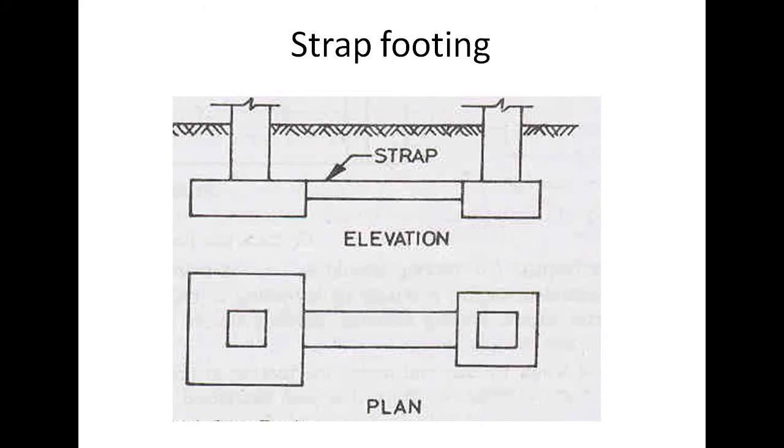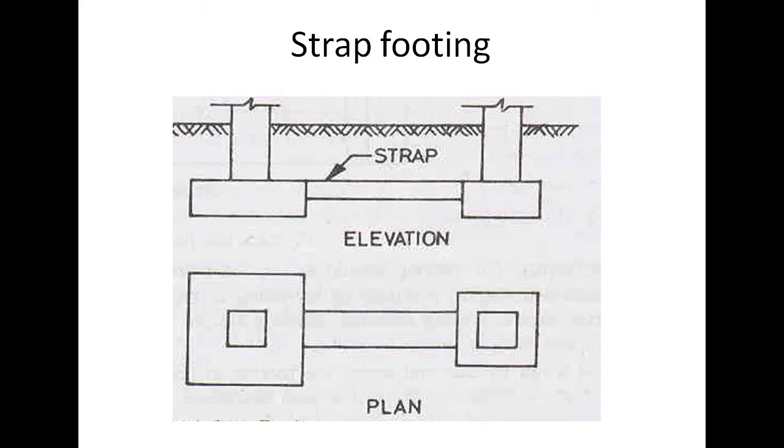Strap footing. A strap footing is also known as a cantilever footing. It consists of two isolated footings connected with a structural strap. The strap is also known as a lever. A strap connects the two footings such that they behave as one unit.